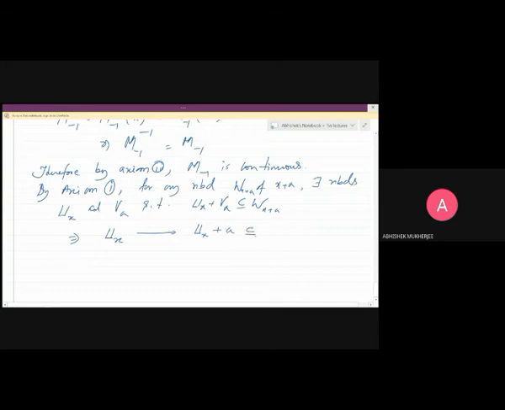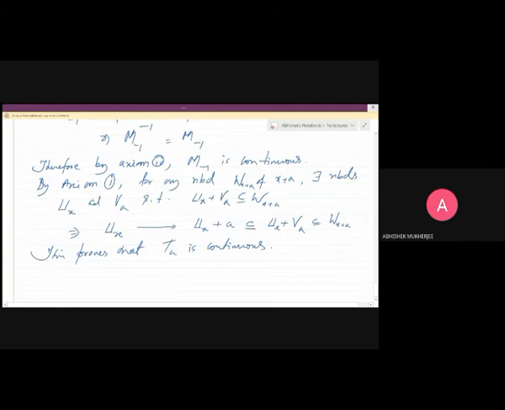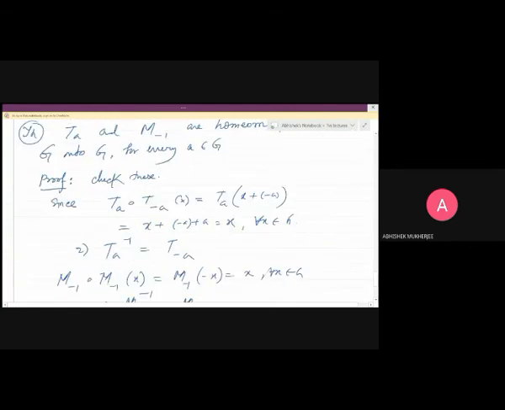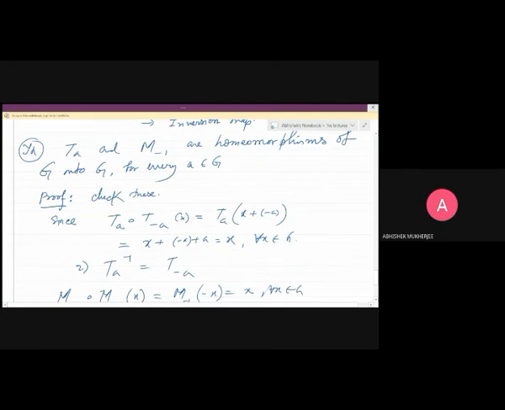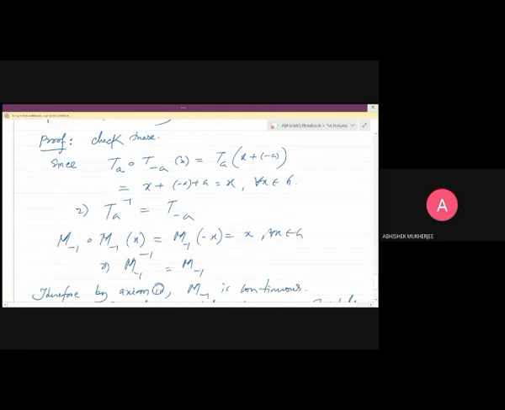It will be contained in Ux plus Va, since Va is a neighborhood around a. So Ux plus a is a subset of Ux plus Va, and that is a subset of W of x plus a. So this proves that TA is continuous, right? Okay. So this completes the proof, and we have shown that the translation map and the inversion map are homeomorphisms of G onto G.